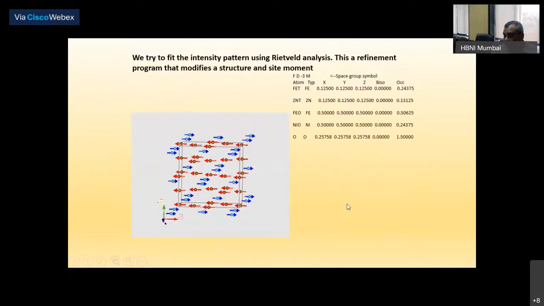Now, neutron is possibly the only tool which can give you microscopic site moments of a magnetic system. So any magnetic order can be pinned down using magnetic neutron diffraction.